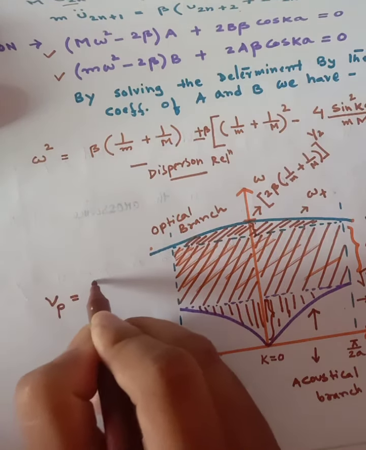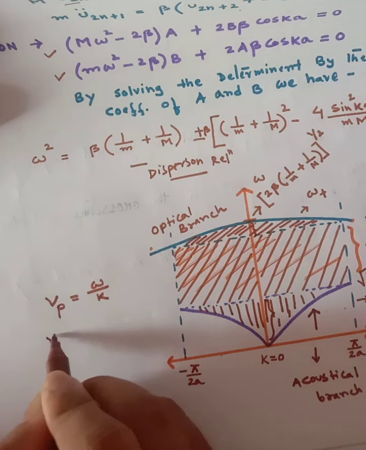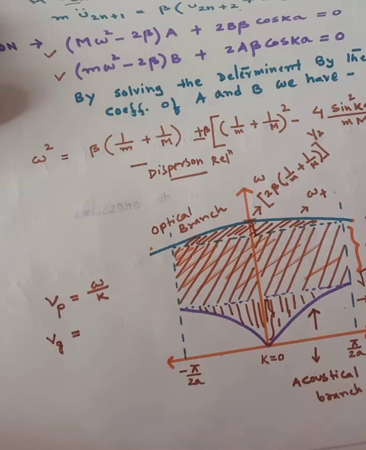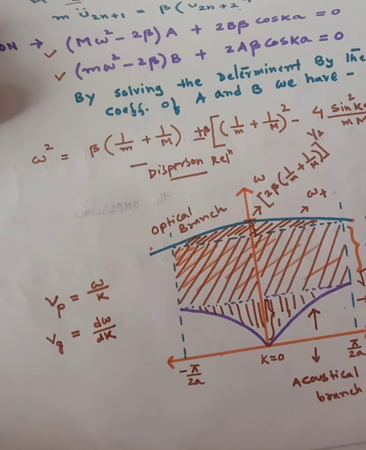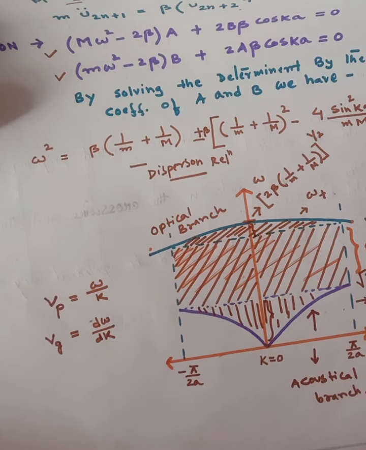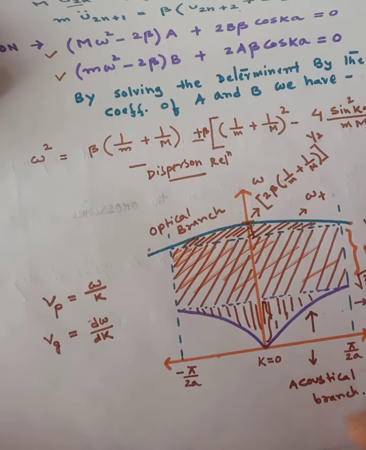It is nothing but omega by k, where omega is the angular frequency and k is the wave vector. Also, we know the group velocity is d omega by dk. With the help of this dispersion relation graph, we can easily calculate the group velocity and phase velocity of a particle. Also, we can easily calculate the forbidden band of frequency in any lattice vibration.